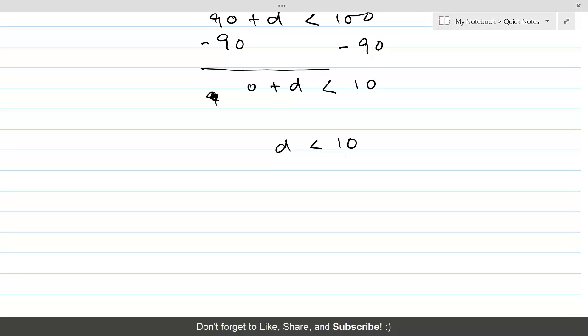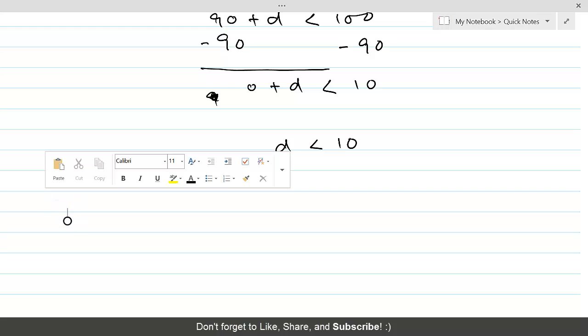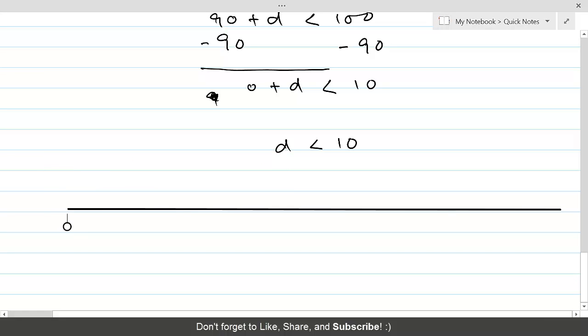Therefore, if we draw the line here and identify the point, this is 0, 1, 2, up to 10 here. And once we have identified the reference value, now we are going to see if D is to the left of 10 or to the right.